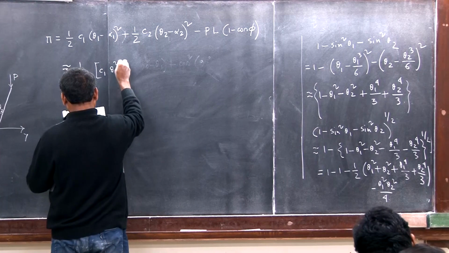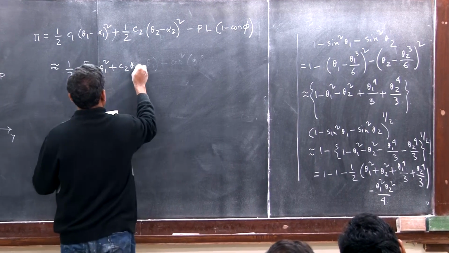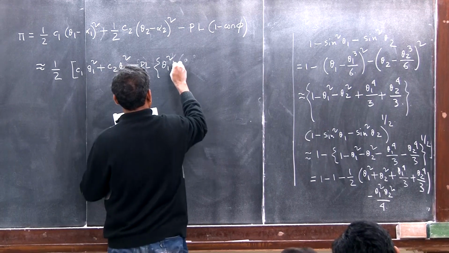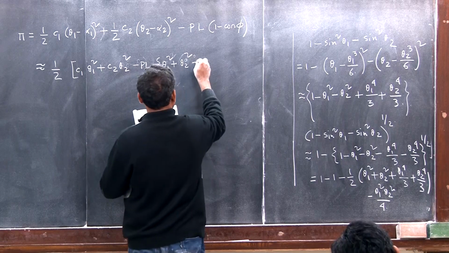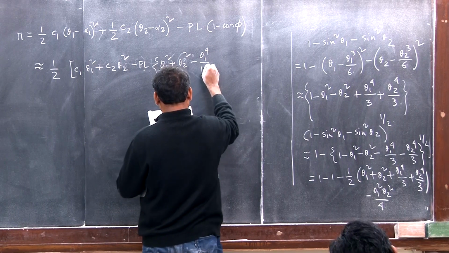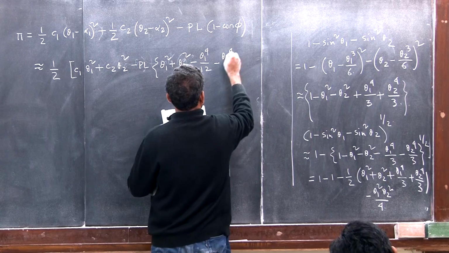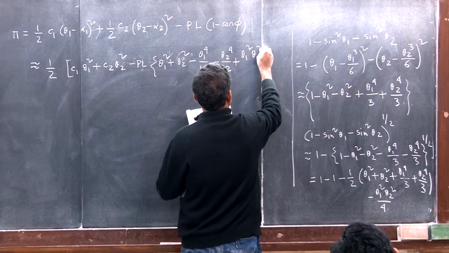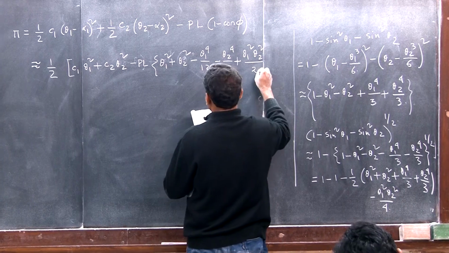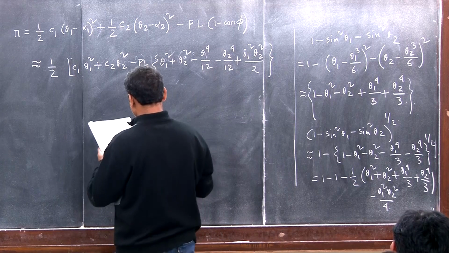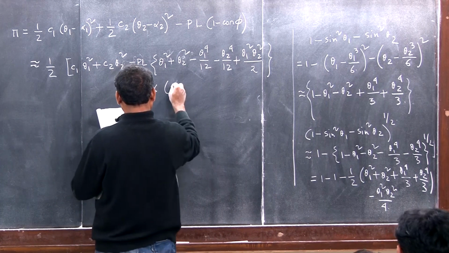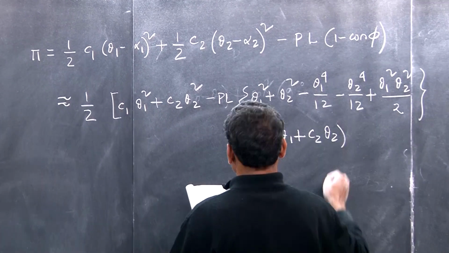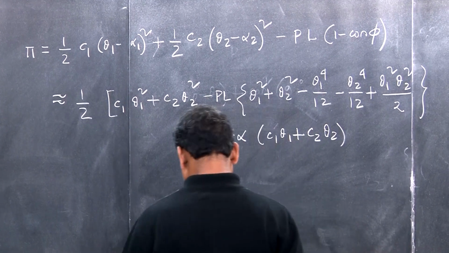So, it will be half C1 theta 1 square plus C2 theta 2 square, minus PL times (theta 1 square plus theta 2 square) by 2 minus (theta 1 to the power 4 plus theta 2 to the power 4) by 12 plus theta 1 square theta 2 square by 2, minus alpha (C1 theta 1 plus C2 theta 2).